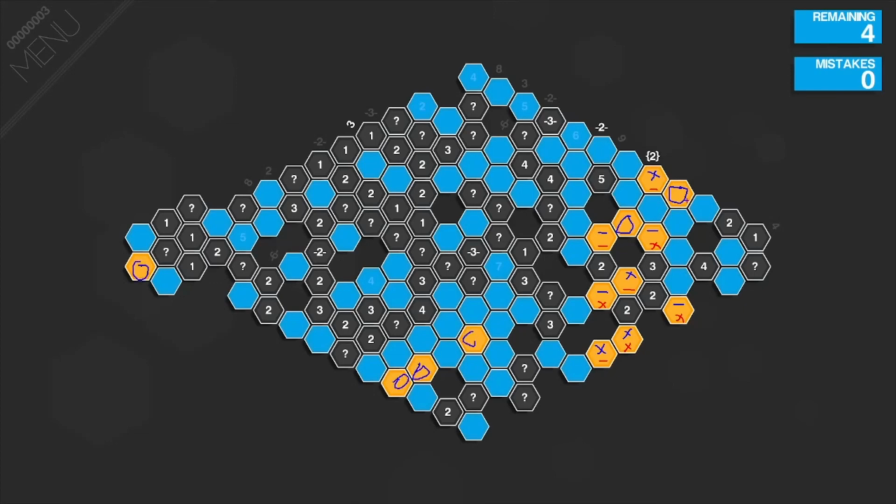And hopefully either this cell or this cell will give us a clue as to where the bombs need to be. So actually we can open up this cell as well, since both of these are minuses. If a bomb were there, both of these would be open, and this 2 could not be satisfied. So these 3 cells are going to be key, and we can actually open those using those 2 logic chains.